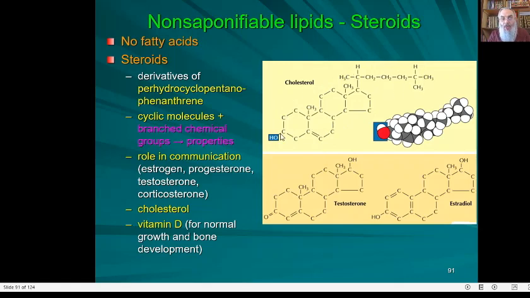The only polar radical is the hydroxyl group here. We schematize cholesterol in this way with a long, large hydrocarbon part and a small hydroxyl group. This makes cholesterol somehow amphipathic, slightly amphipathic.